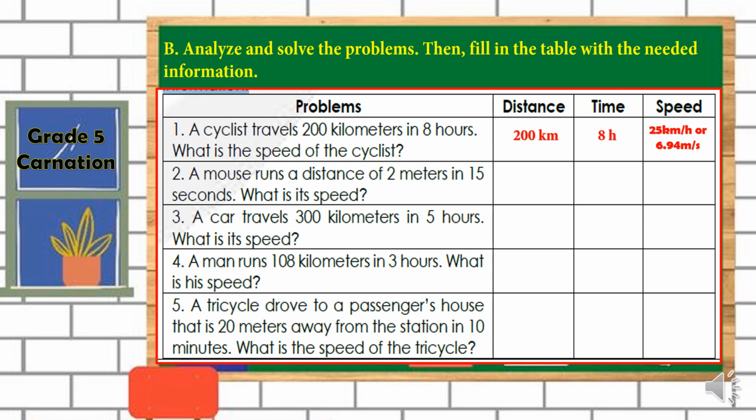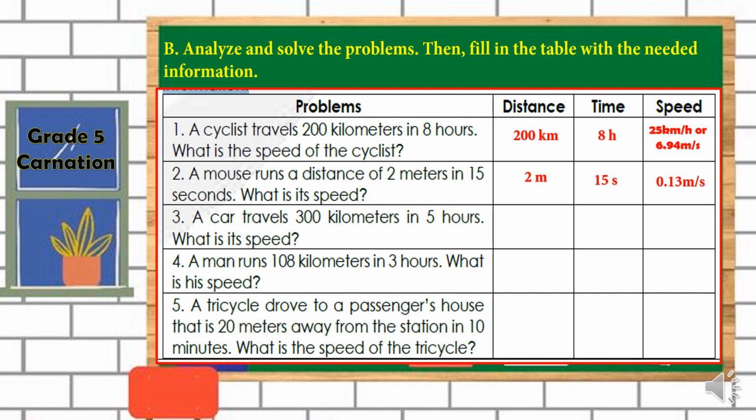For number 2, a mouse runs a distance of 2 meters in 15 seconds. What is its speed? So for the distance, we have 2 meters. And for the time, we have 15 seconds. And what is the speed of the mouse? So we have 0.13 meters per second.